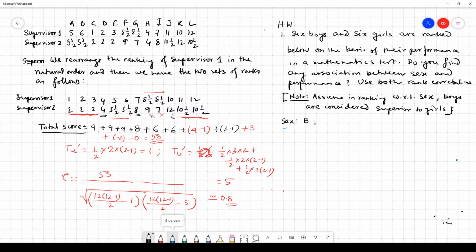Sex are B, B, G, B, B, G, G, G, B, G, B, G. Okay, rank 2, 2, 2, 4, 5, 6.5, 6.5, 8, 9.5, 11, 9.5, 12.